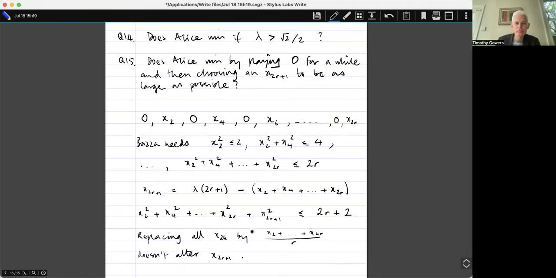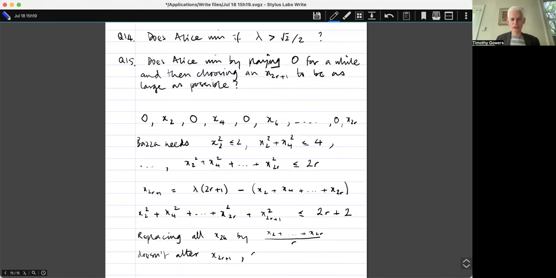But if I've replaced all these numbers by their average, I've made this sum of squares smaller, so it's still less than or equal to 2r, which means that each xi squared is less than or equal to 2, and therefore we do get all these inequalities.